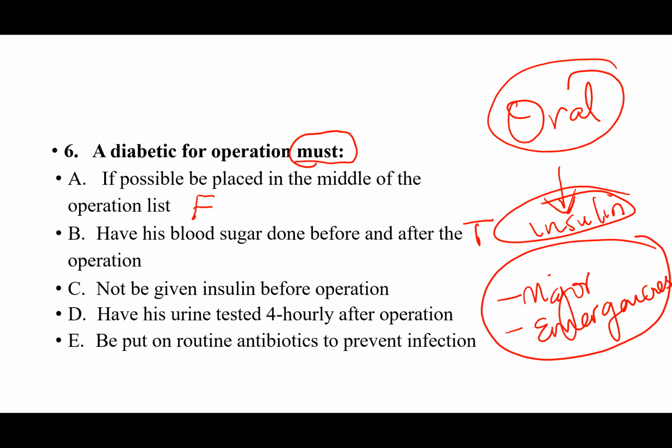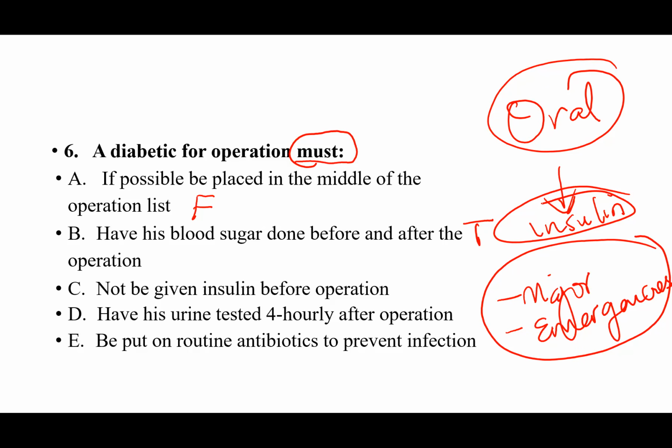There are some that are on oral hypoglycemic drugs. If they are going for an intermediate surgery that does not require insulin therapy, during their preparation you stop long-acting oral hypoglycemic drugs like the biguanide group, and convert them to short-acting ones like sulfonylureas, because an oral hypoglycemic drug is something you cannot control until the body metabolizes it.